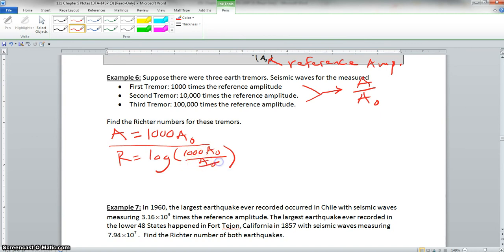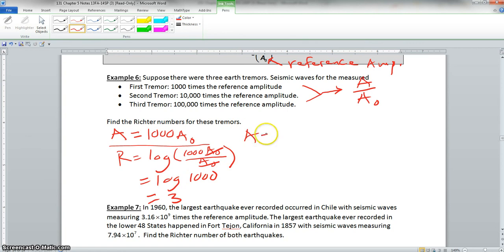So these A of 0s will simplify out, and we have the log of 1,000. Now log of 1,000 gives us 3.